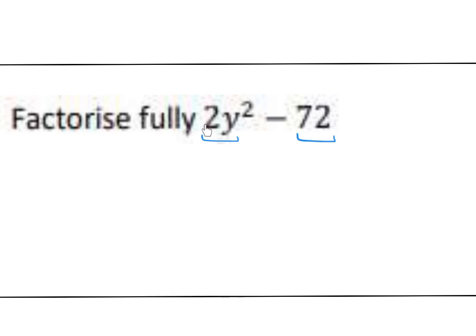So extract the common factor first. So 2 bracket. 2 times what equals 2y squared? Times y squared. 2 times what equals 72? Or 72 divided by 2 equals 36.